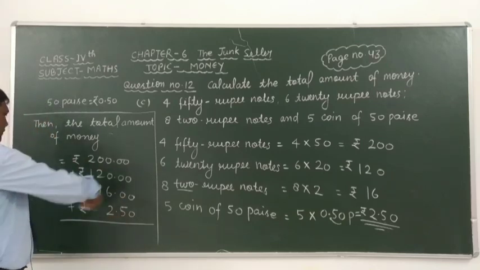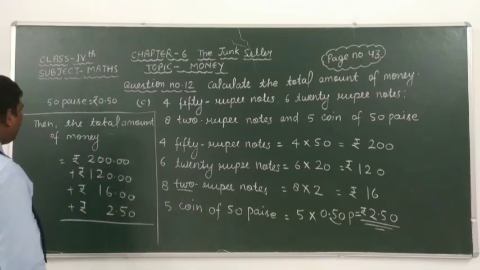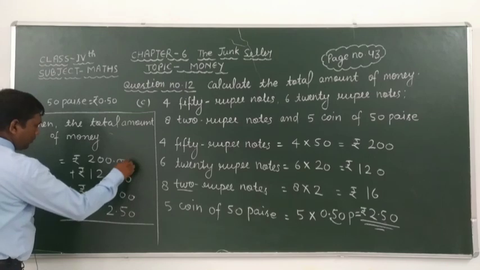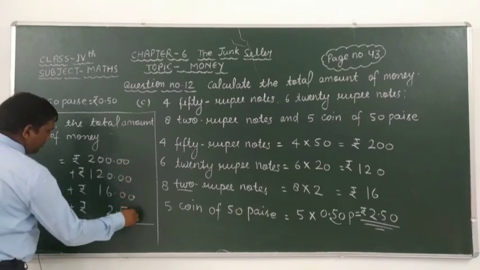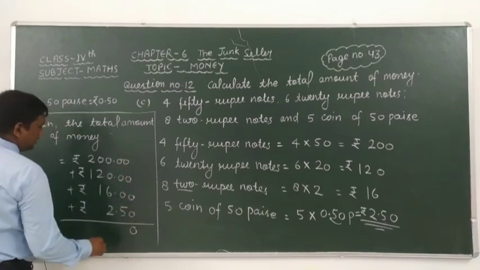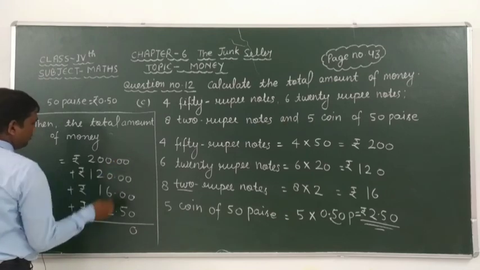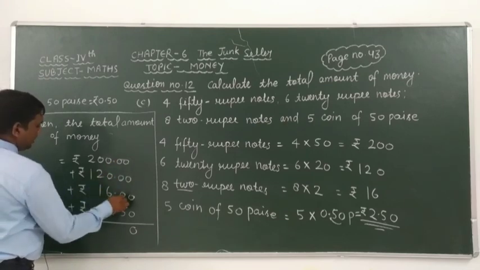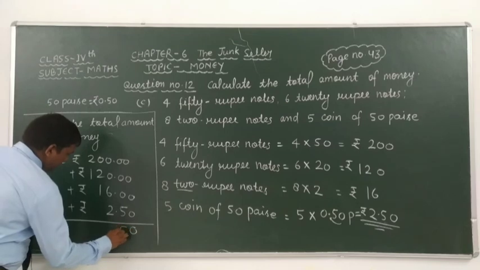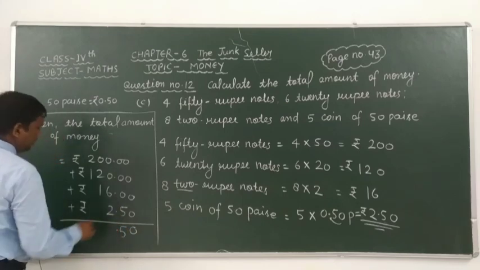Okay, students, after adding these we get the total amount of money. Okay, look, 0 plus 0 is 0, plus 0 is 0, plus 0 is 0. Here we get 0, 0 plus 0 is 0, 0 plus 0 is 0, and 0 plus 5 is 5. Okay, here we can place the decimal point.